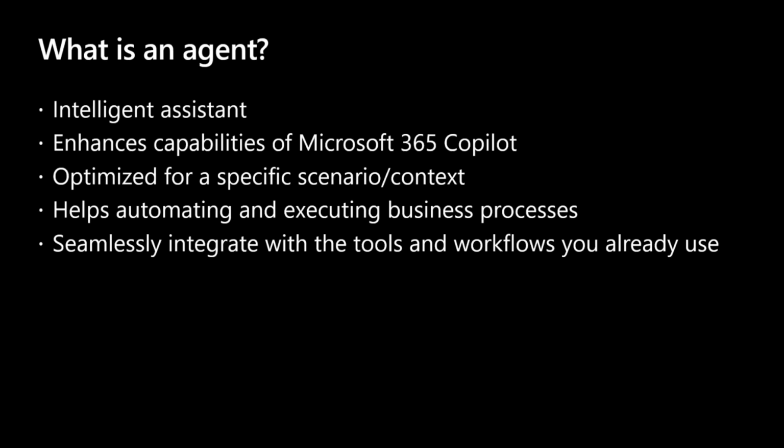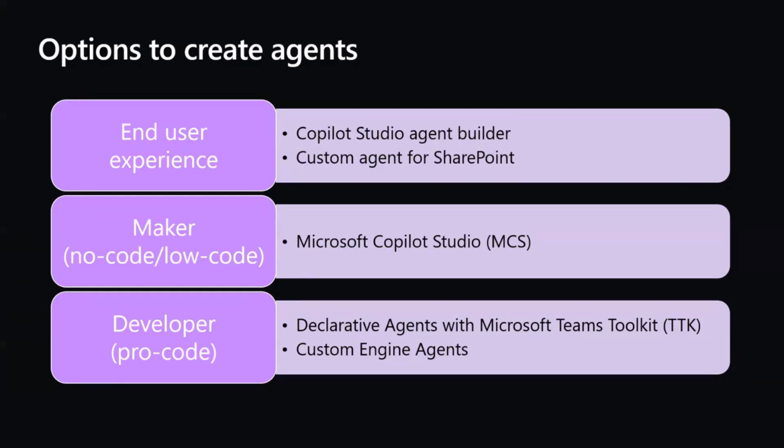And overall, it allows you to have a good integration with all of the processes and workflows that you have in your own company. The overall idea of an agent is to extend the AI experience that we have in Microsoft 365 Copilot, and we can do that using different technologies, whether we are simple end users and we want to just rely on what is provided out of the box in Microsoft 365 Copilot, and as such we can use, for example, the Copilot Studio Agent Builder or the agents built in SharePoint Online.